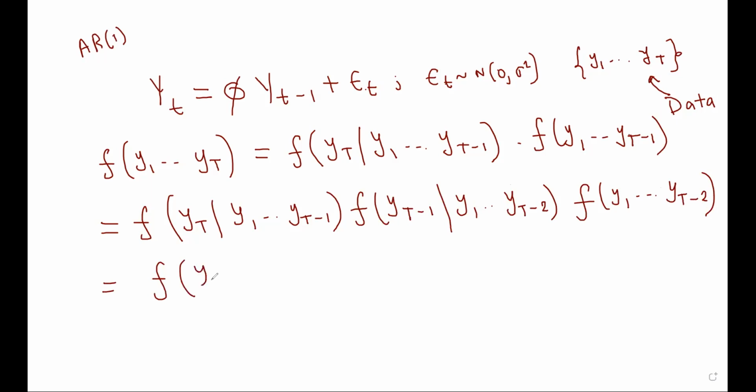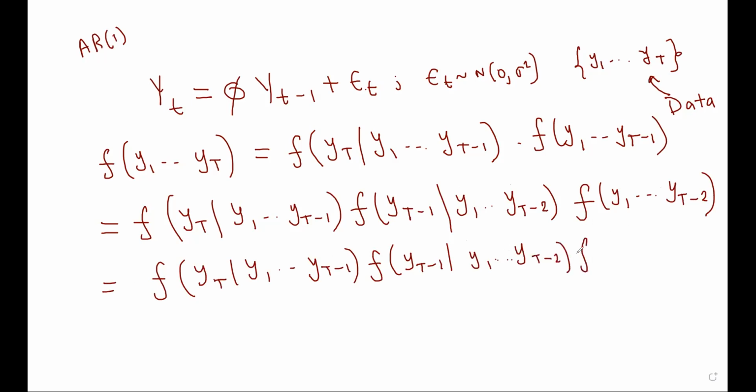I'm just writing one more step. You can further write this as, what will you write this as, Vaibhav? Y t minus 2 given y1, conditional upon 1 till t minus 3.